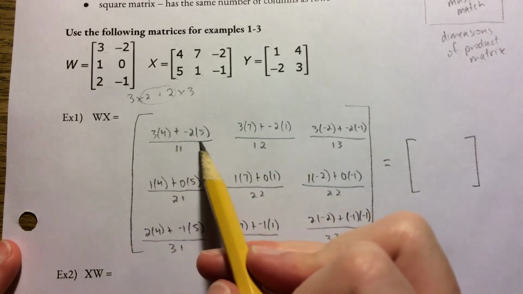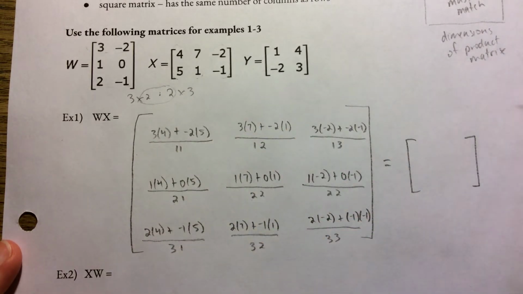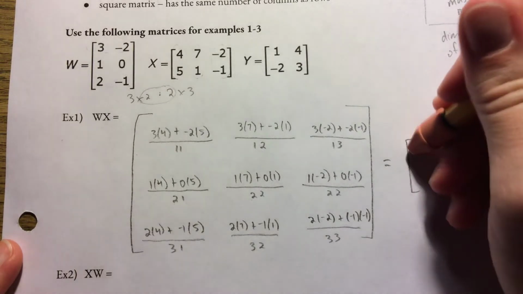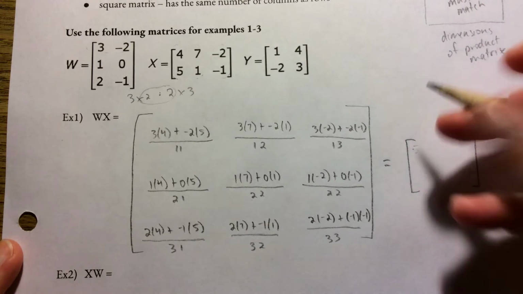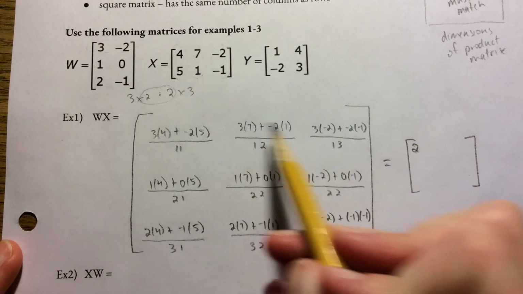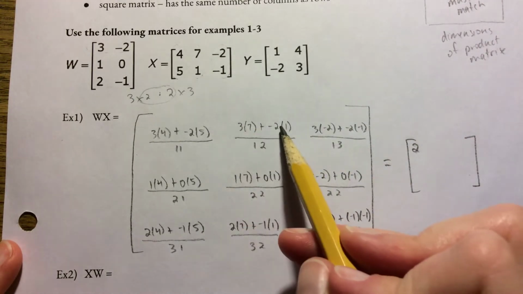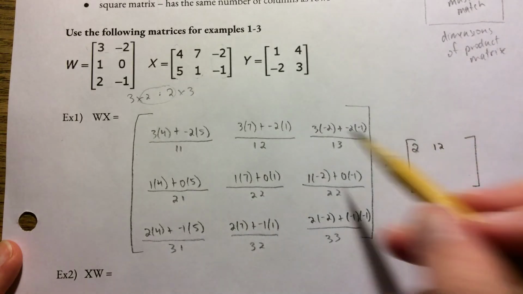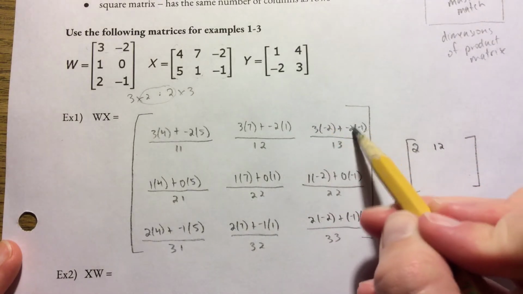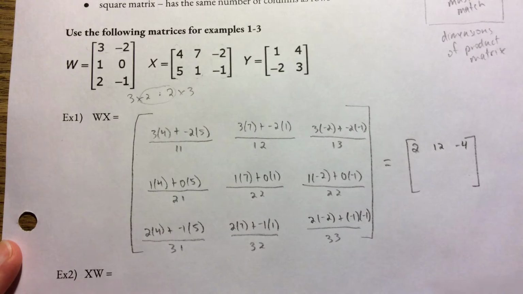So here I would have 12 minus 10, that's 2. Sorry, what am I doing? 14 minus 2 would be 12. This would be negative 6 plus 2, which would be negative 4.